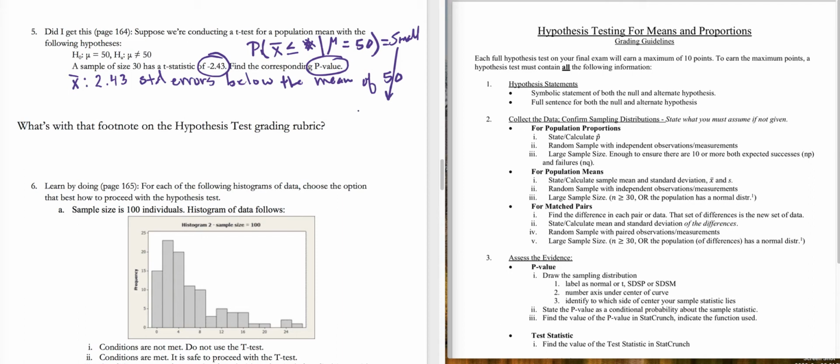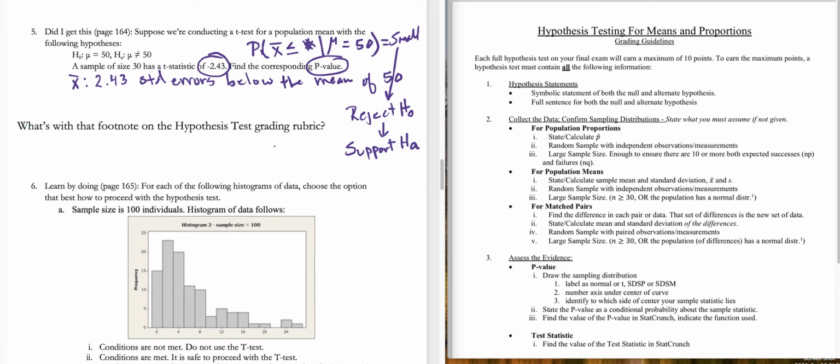That small value would then lead us to reject our null hypothesis H0, and then we would support our alternate hypothesis HA. So while we're not going to find this p-value, we can still have understanding of what it is from this test statistic.